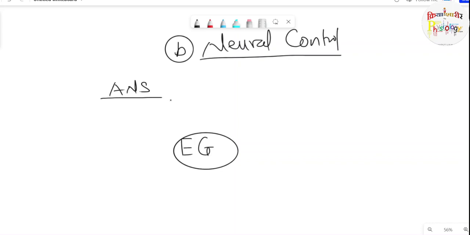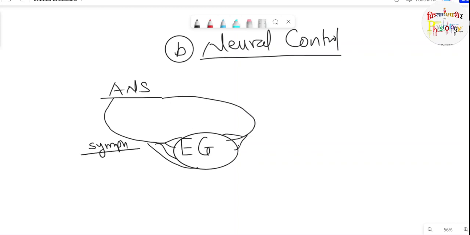There are two parts of the autonomic system: first, sympathetic innervation, and second, parasympathetic innervation. These sympathetic and parasympathetic innervations control secretion of endocrine glands.